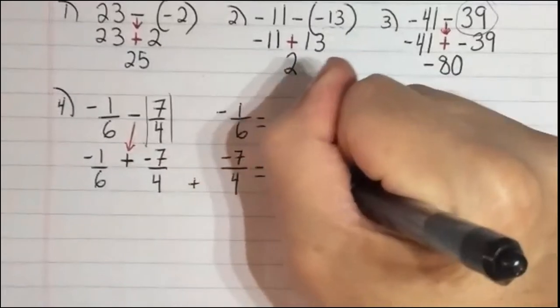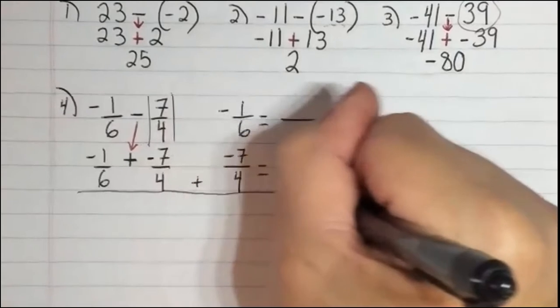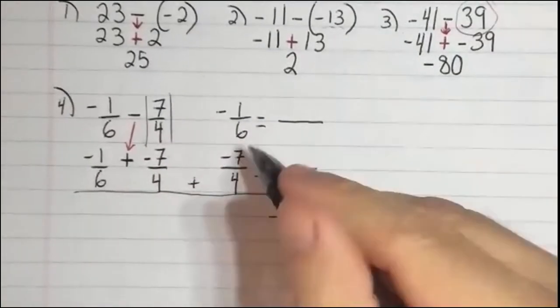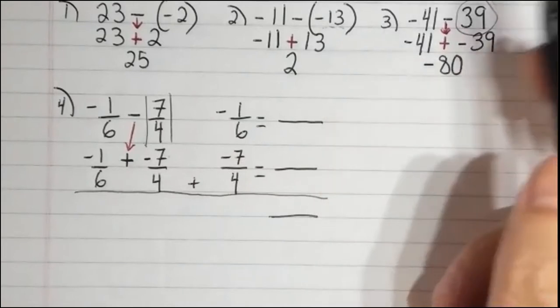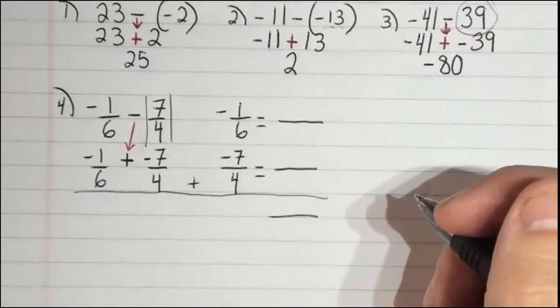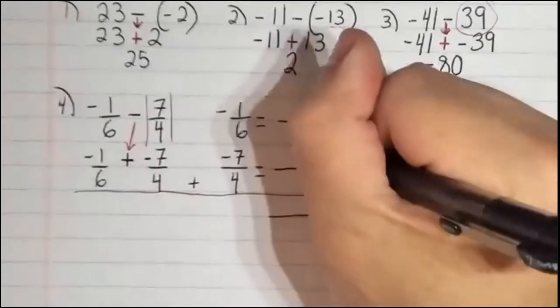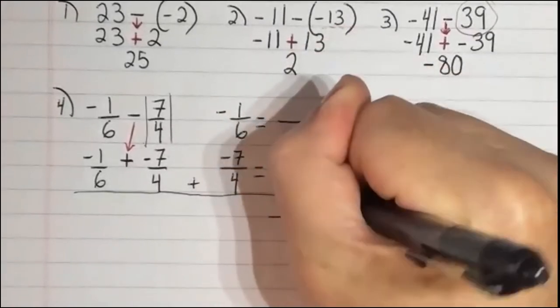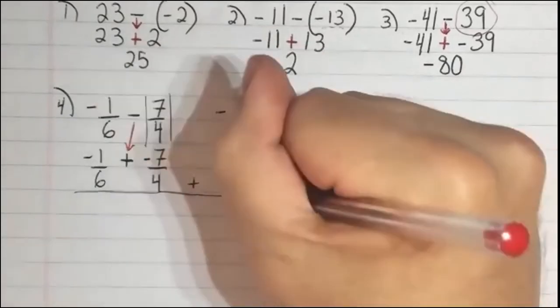So now we got to come up with an LCD of 6 and 4. And I would start with the multiples of 6. We got 6, and then 6 times 2 would be 12, right? So we would use 12. If you did 24, that's fine, you would just have to reduce afterward. But 12 would be our LCD, the lowest common denominator.